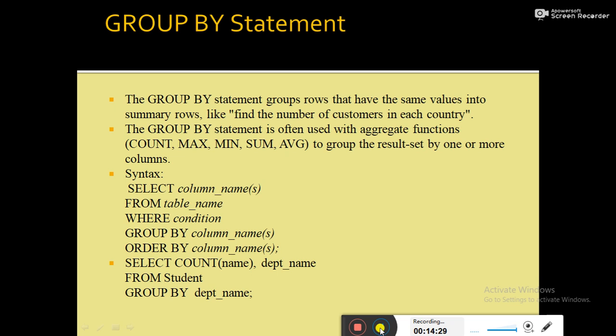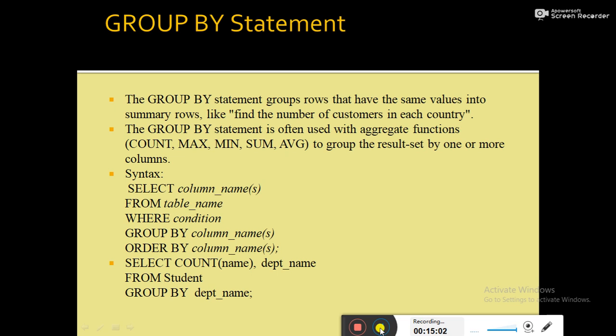That means suppose in the CSE department 20 students are there, in IT 20 students are there, in EC 15 students are there. So we have to find per department how many students are present. So first of all we have to group the relation student based on department name. That means we have to form department wise grouping.